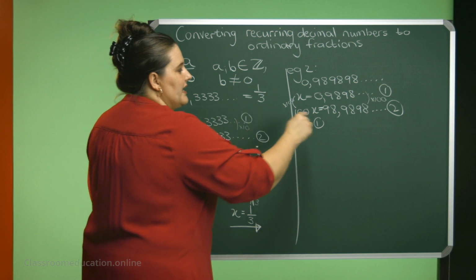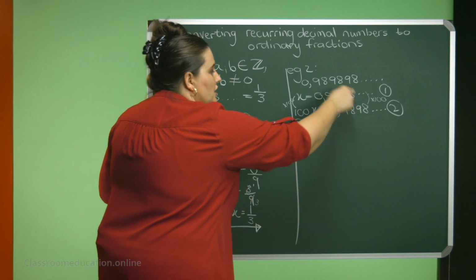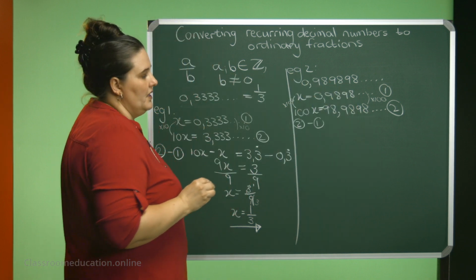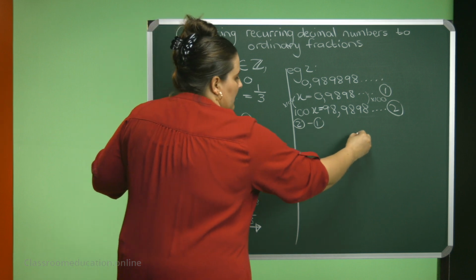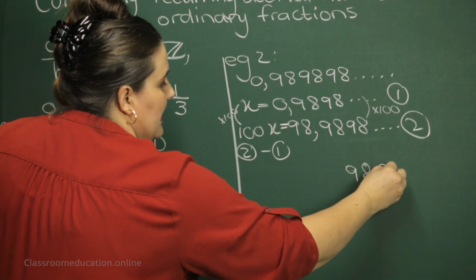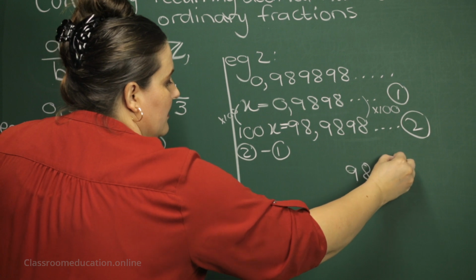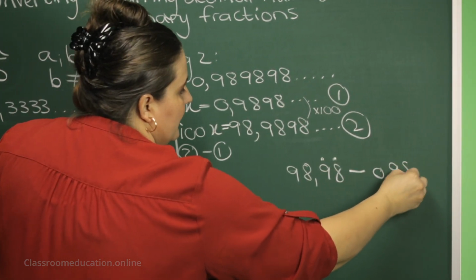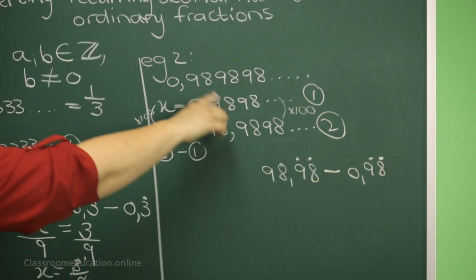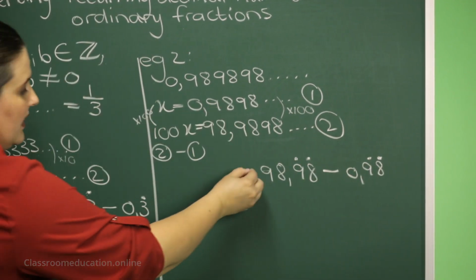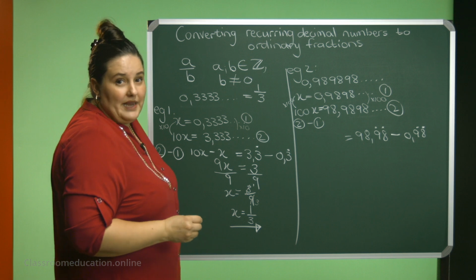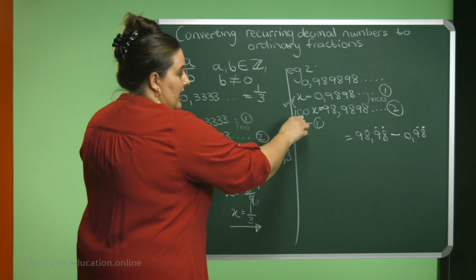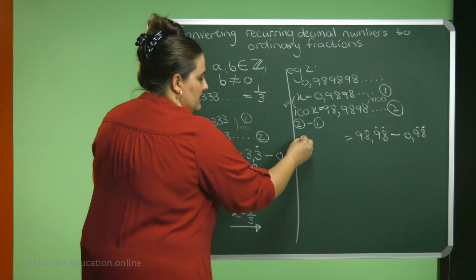Because we would like the recurring part to fall away now. So I have 98,98 recurring minus 0,98 recurring. I did that on my right-hand side of the equal sign. Now the part on my left-hand side. 100x minus x.